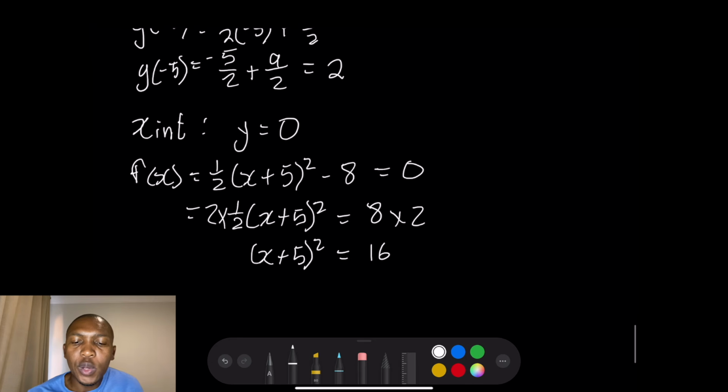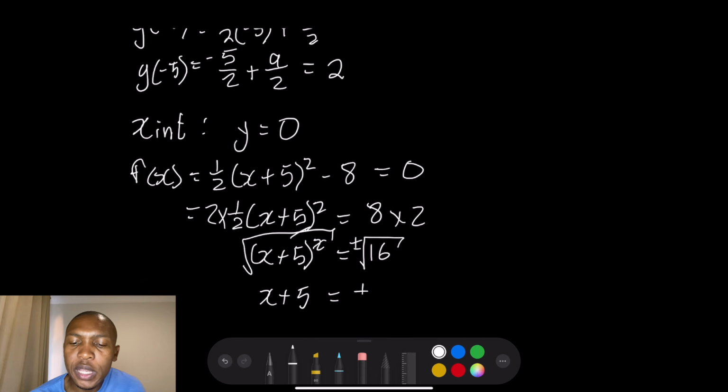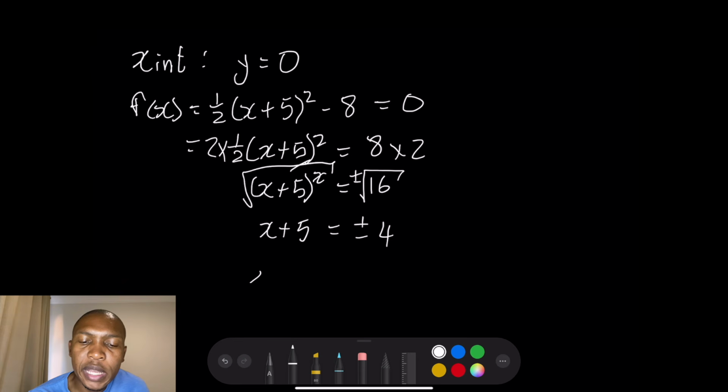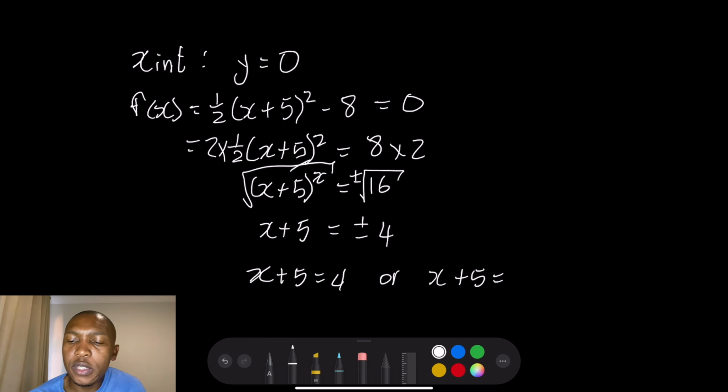Okay, so now I can take the square root on both sides, but remember, when I take the square root, it should be plus or minus, right? So that square root gets rid of the square, so I've got x plus 5 is equal to plus or minus 4. So x plus 5 is equal to positive 4, or x plus 5 is equal to negative 4.